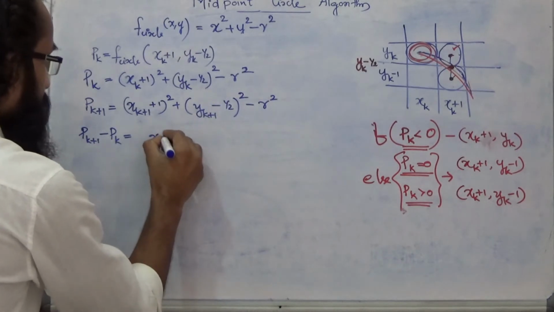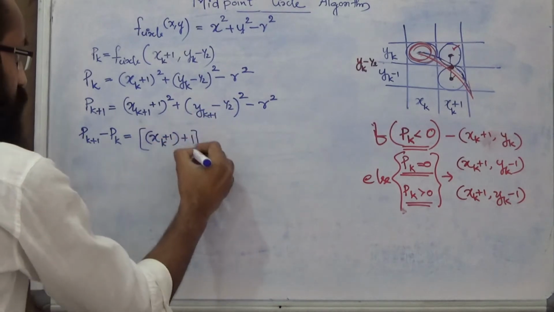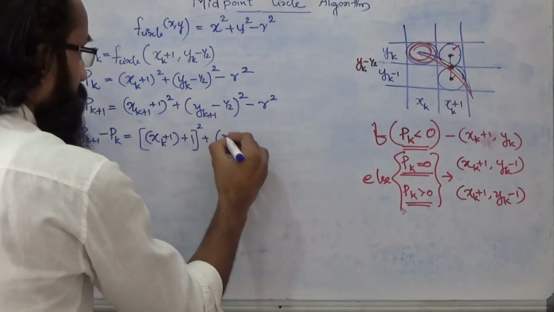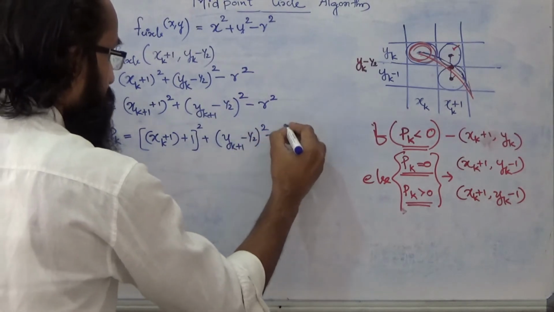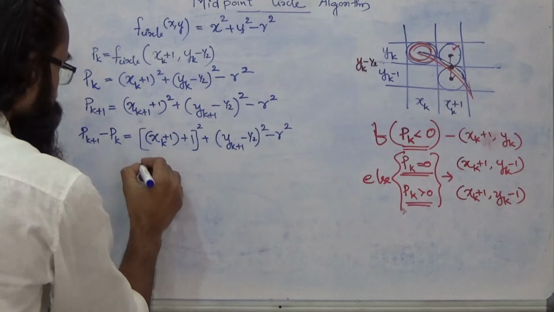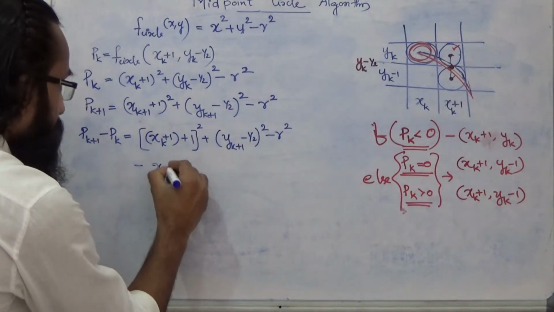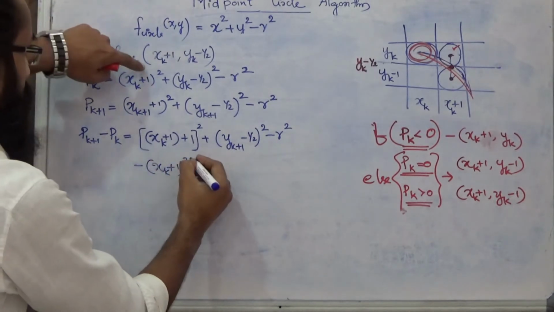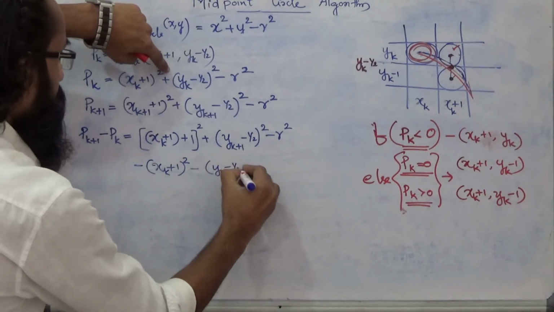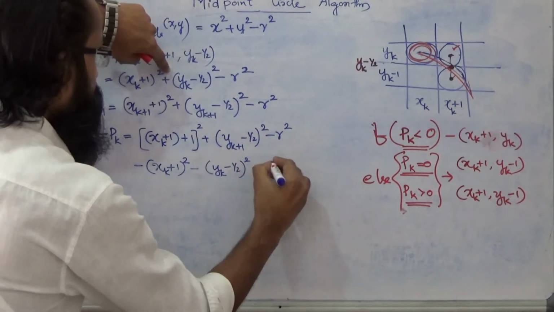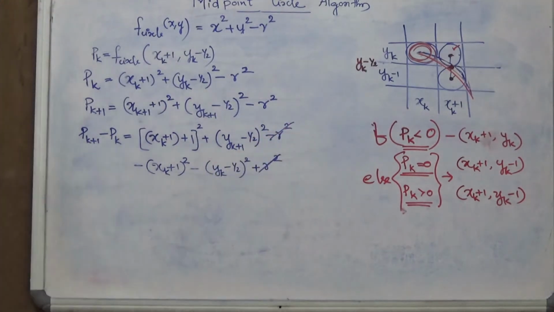So you can write xk plus 1 plus 1 the whole square plus yk plus 1 minus half the whole square minus r square, minus xk plus 1 the whole square, minus yk minus half the whole square plus r square. So you are having minus r square and plus r square, you can cancel it.